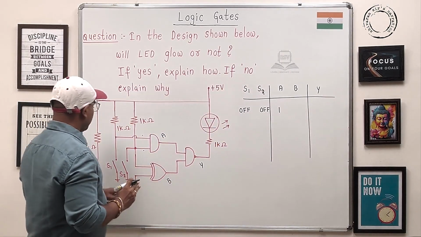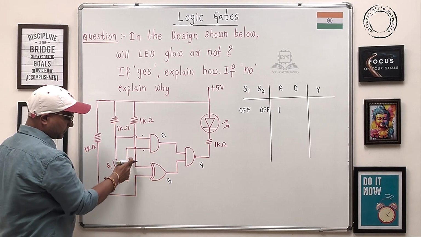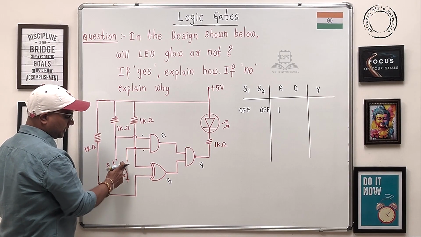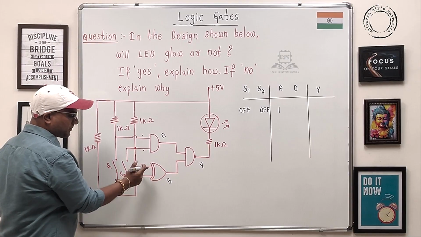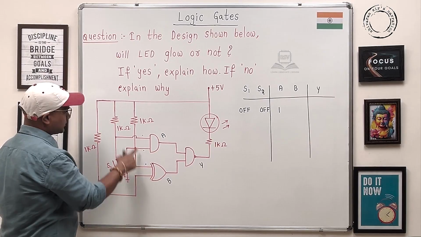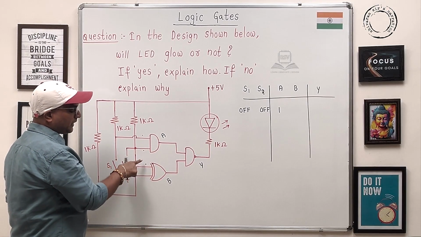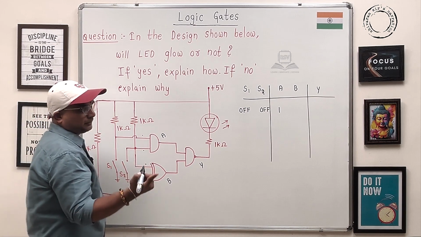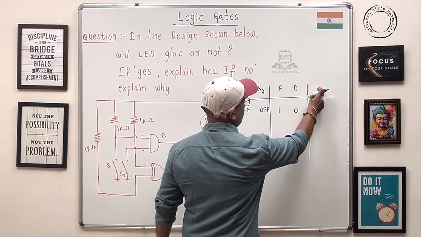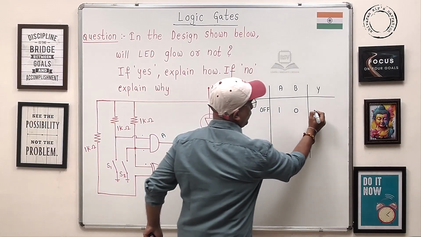Similarly, B: this becomes logic 0 only, because it's an open circuit. And here this one becomes 5 volts, and this will be 5 volts through this. Hence it's 5, 5, like 1 XOR 1, it becomes logic 0. Hence this Y, NAND gate, 1 into 0 is 0, 0 bar is 1.